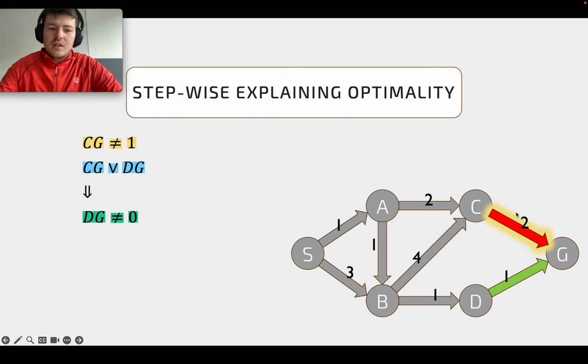And if we know that edge can never be taken, and we know that we should at some point enter G, then we need the edge D to G, right? And we can continue this.